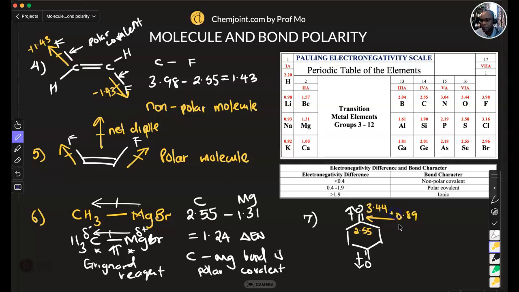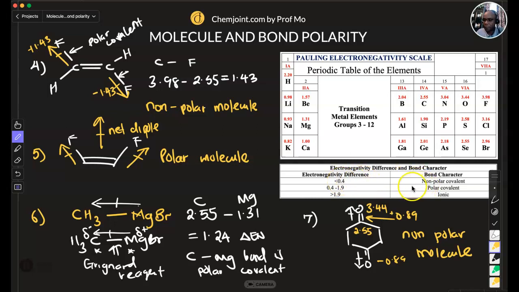Let's call this positive and this going down negative 0.89. There's no net dipole moment because these are aligned. There's cancellation of dipole moments. So this molecule overall is a non-polar molecule.